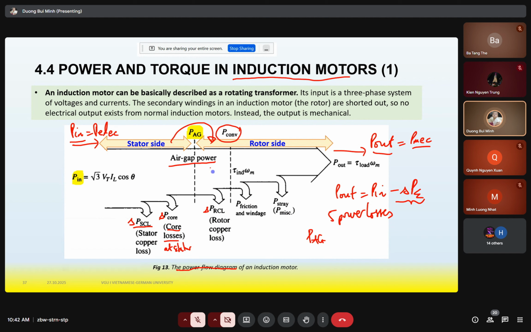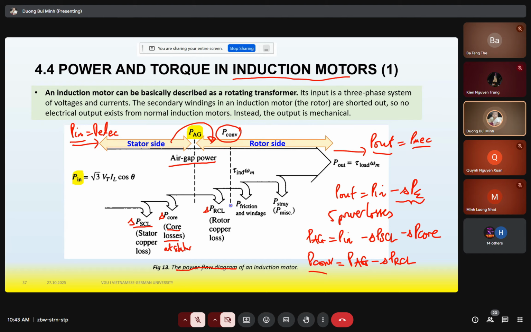If we calculate, P AG, the air gap power, is equal to P in minus delta P SCL minus delta P core. Then to get P converted, we convert the electrical power to mechanical power, which is P convert. P convert is P AG minus delta P RCL. P converted means the power converted from electrical power to mechanical power.